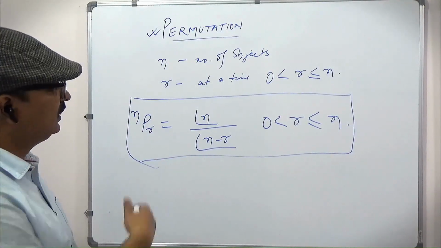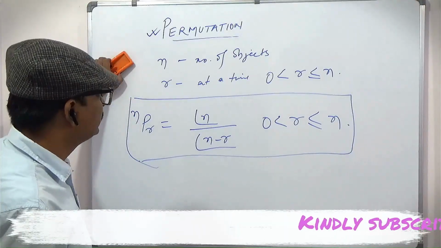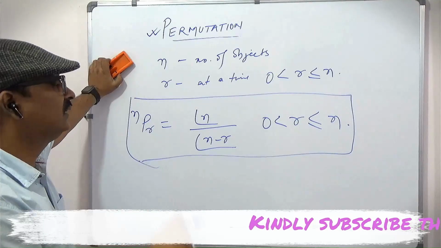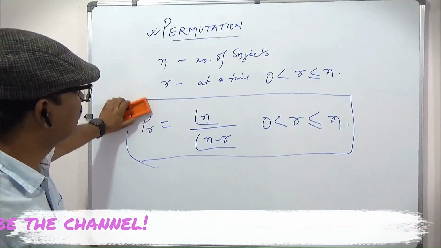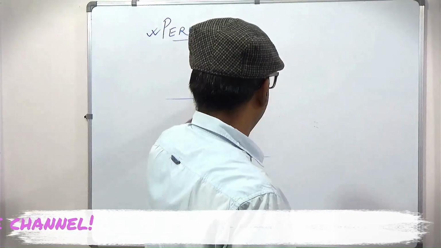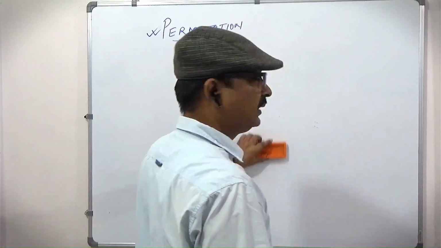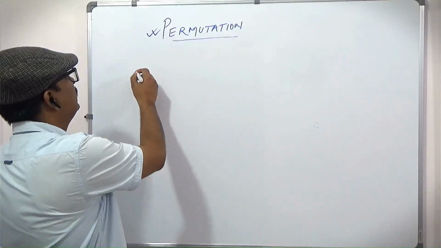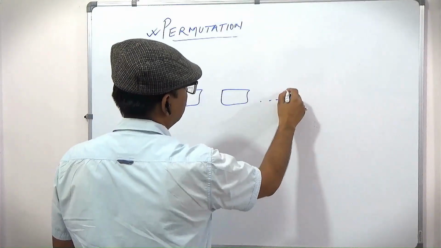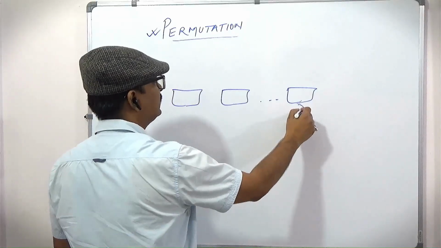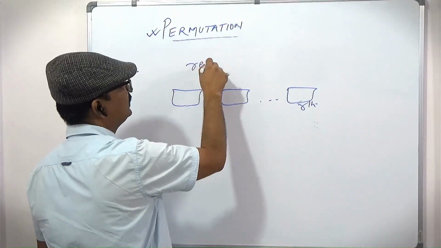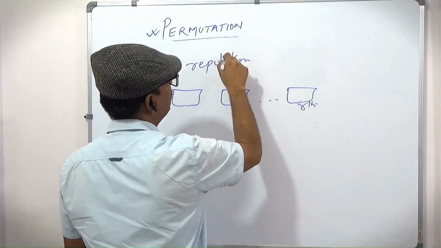Okay, we'll see certain more things. This is when repetition was not allowed, that is, we have this in definite order. What if there are repetitions? Let's get deep into the subject. What if we have to take r at a time from n number of objects, and this is the rth one, and repetition is allowed?